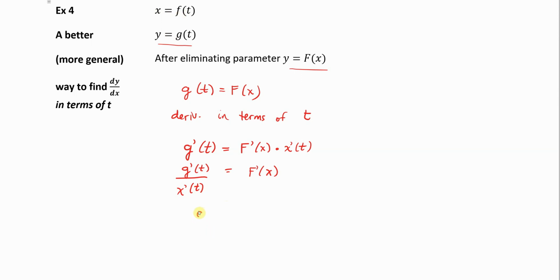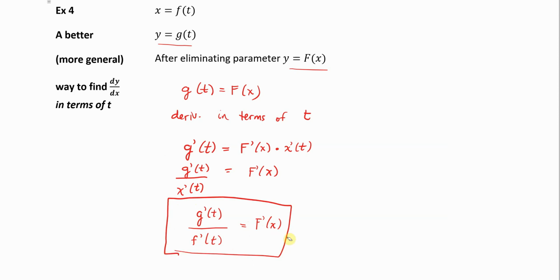So we can rewrite it this way. g prime of t divided by little f prime of t. And that's equal to big F prime of x. So this is one way that we could describe the derivative dy dx, but in terms of t.